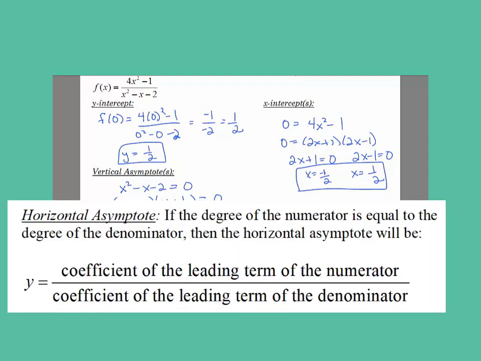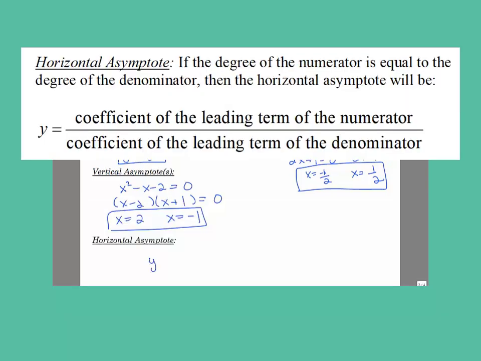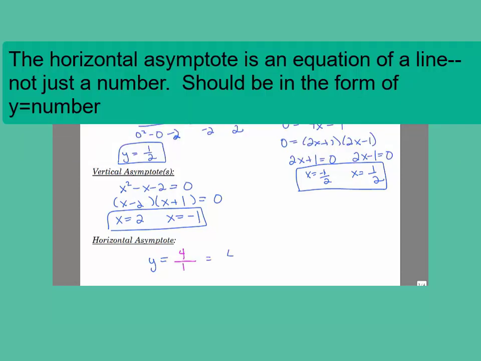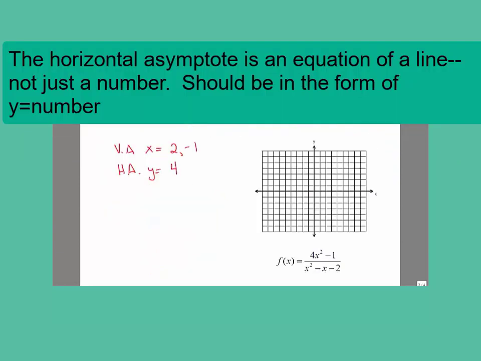I now find the horizontal asymptote. I need to compare the degrees of the numerator and the denominator. They are equal, so the horizontal asymptote is y equal to the leading coefficient of the numerator divided by the leading coefficient of the denominator. We put all of this information on the graph.